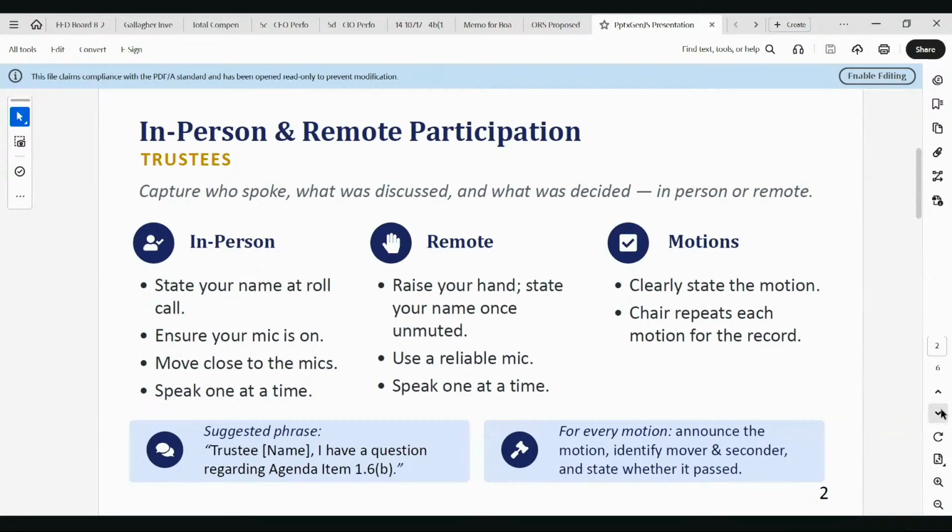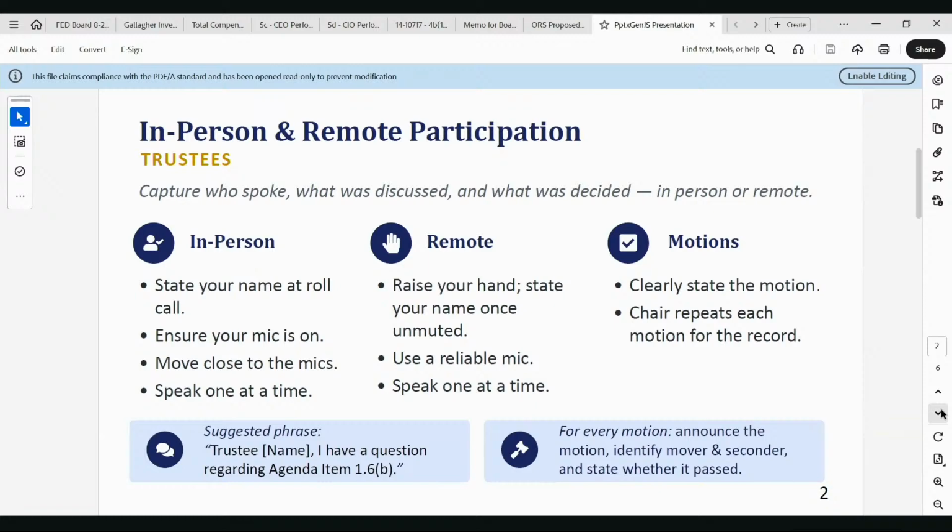Not a big problem here, but sometimes at our committee meetings at ORS you can turn the mics on and off. And more importantly, speak into the microphone so that the audio can pick up the sound, and the participants who are visually impaired can follow along with the audio. And very important is that we speak one at a time.